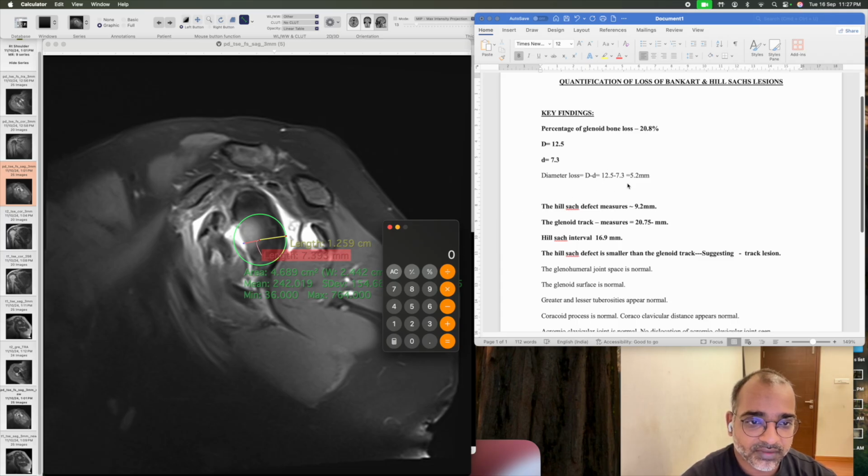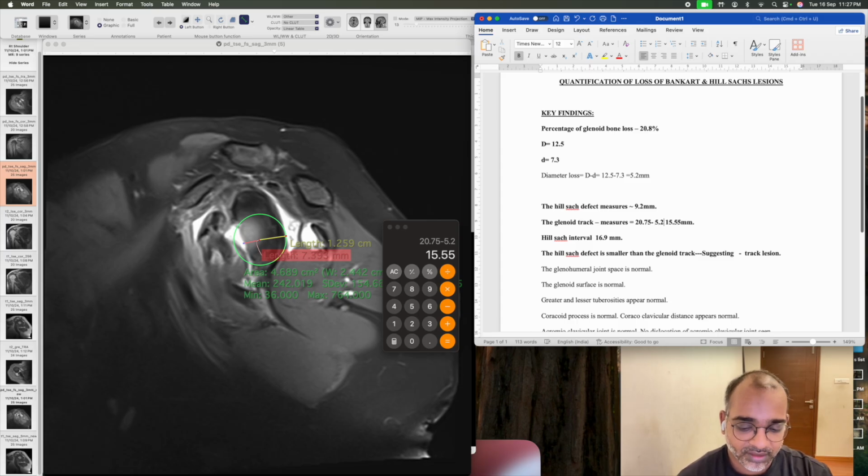The bone loss is 5.2 mm. So 20.75 minus 5.2, we get 15.55, because we are subtracting 5.2 from it.